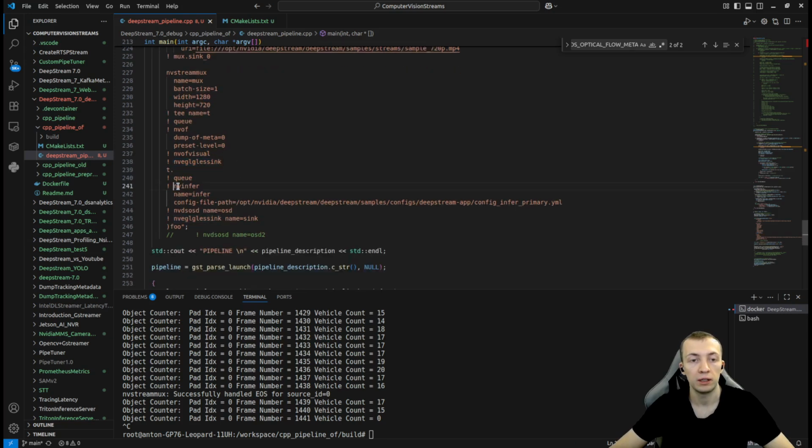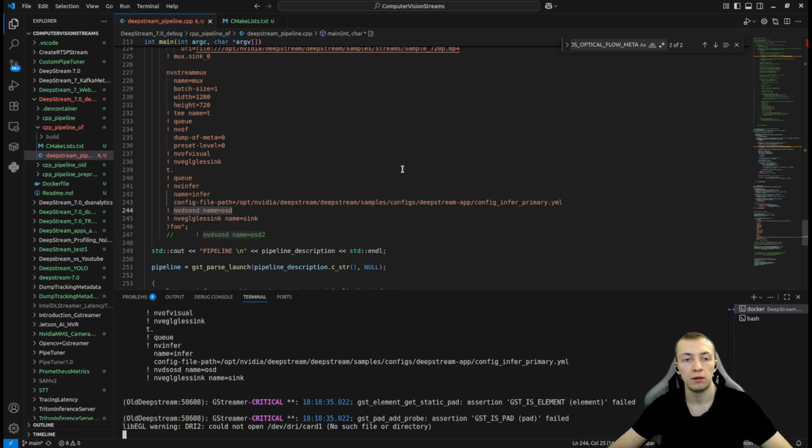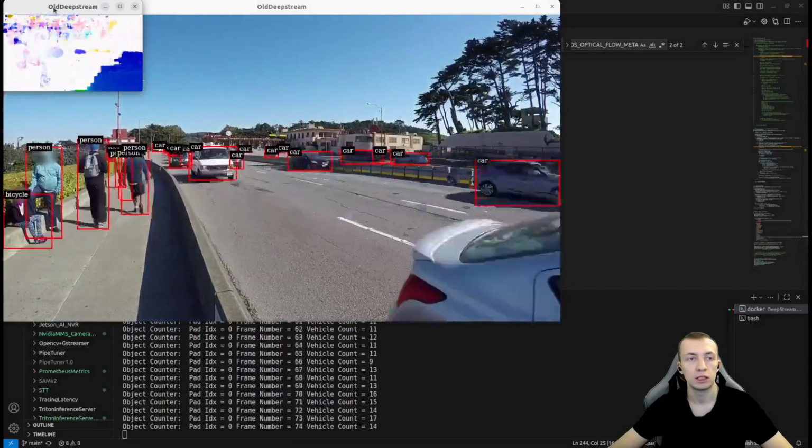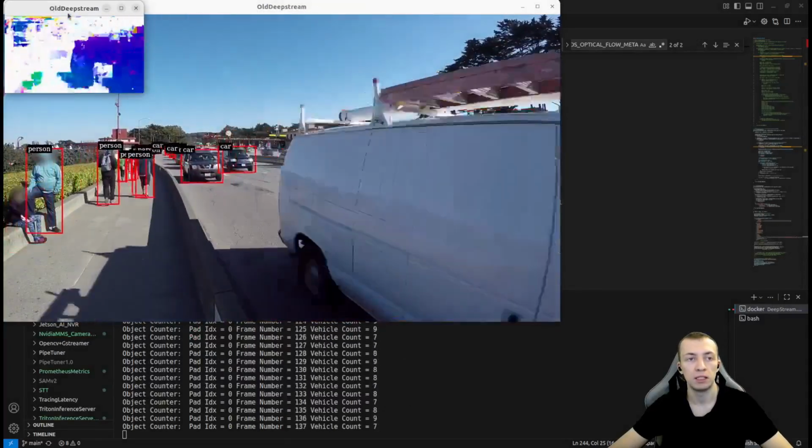In the second one, we make our object detection and output detections with NVDS OSD. That way, when we observe our demo, we have two windows with object detection and with estimated optical flow.